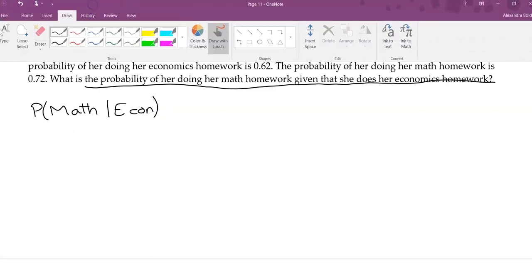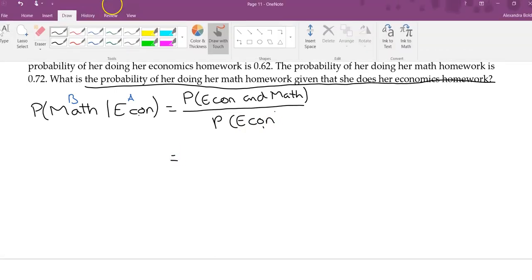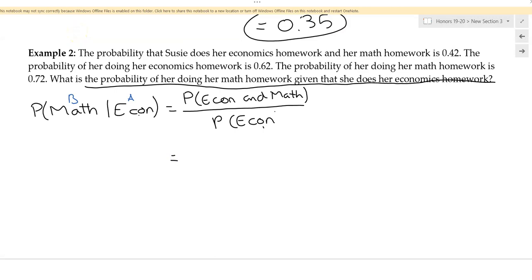So that means this is our B and that's our A. So it equals the probability of A and B, so econ and math, over the probability of A. The probability of econ and math is 0.42.